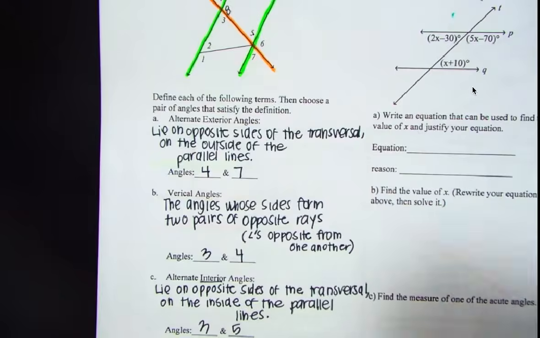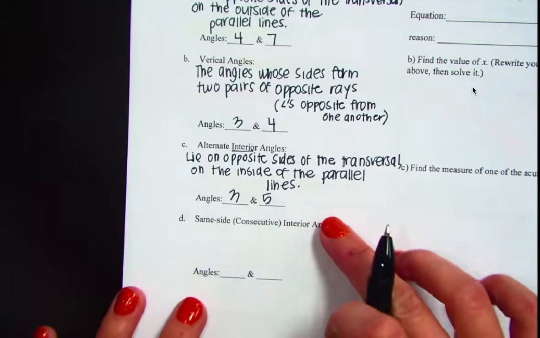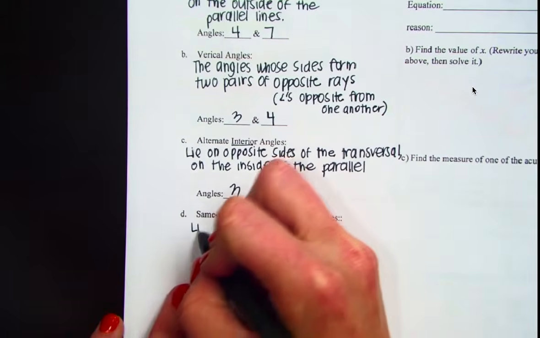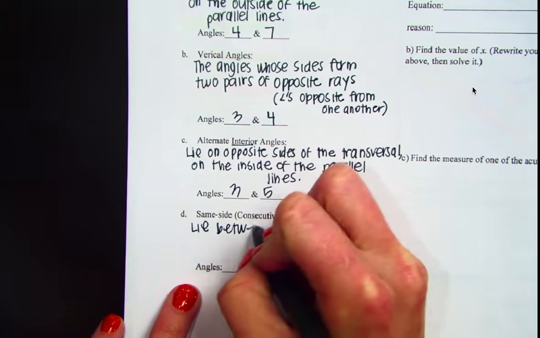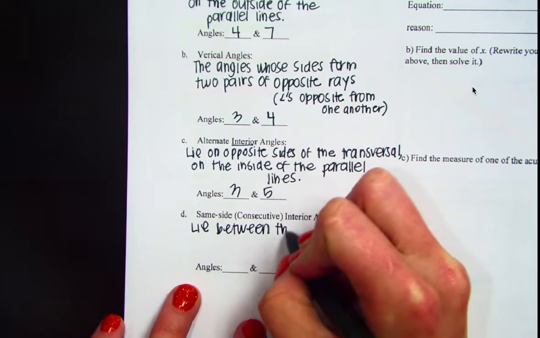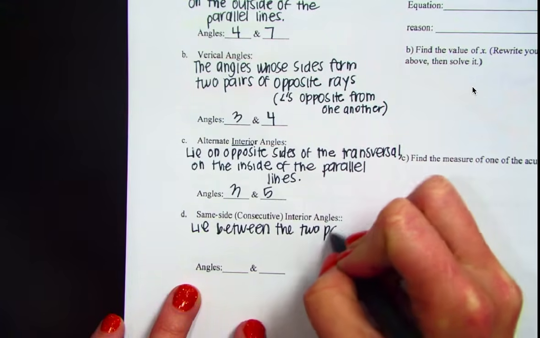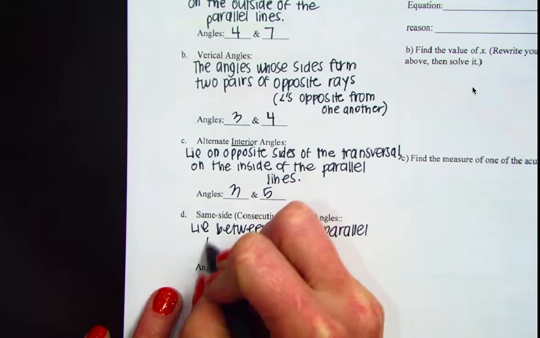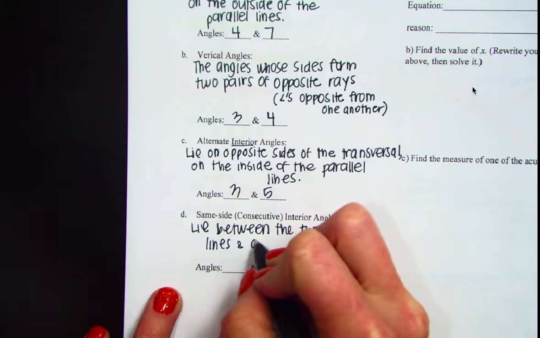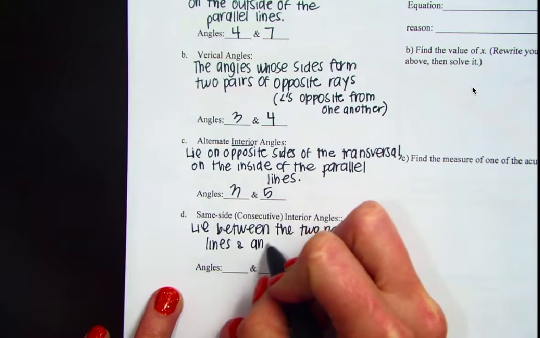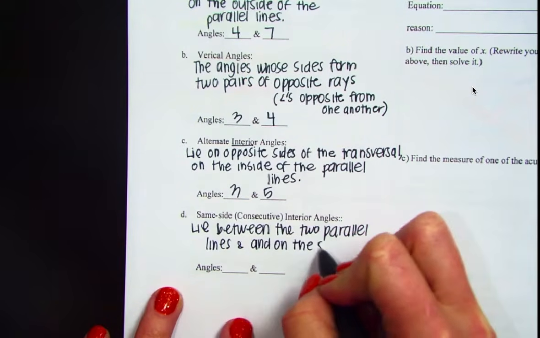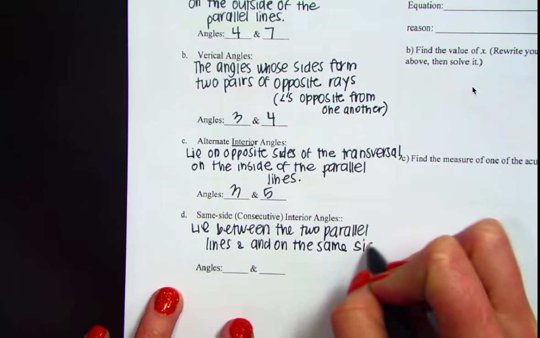And then same side or consecutive interior angles lie between the two parallel lines and are on the same side of the transversal.